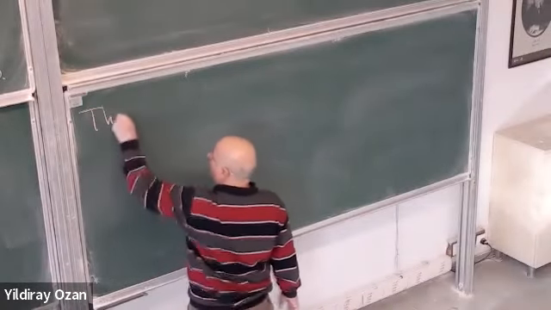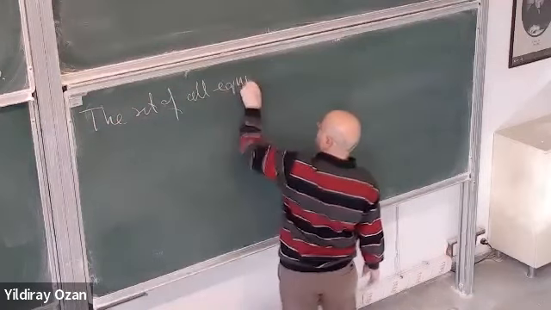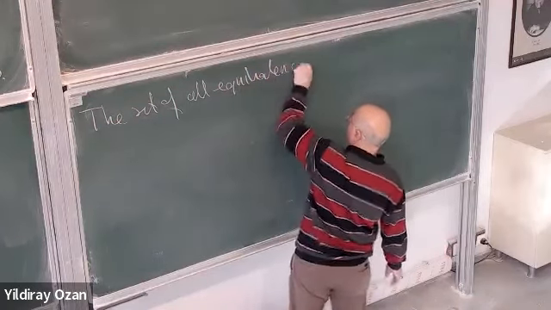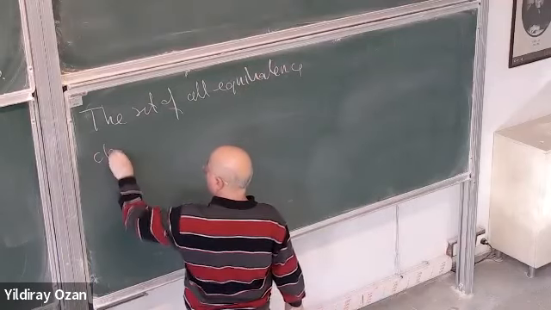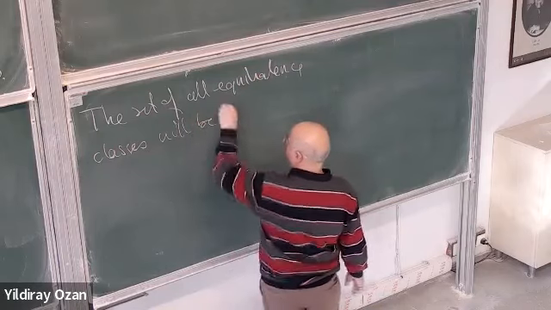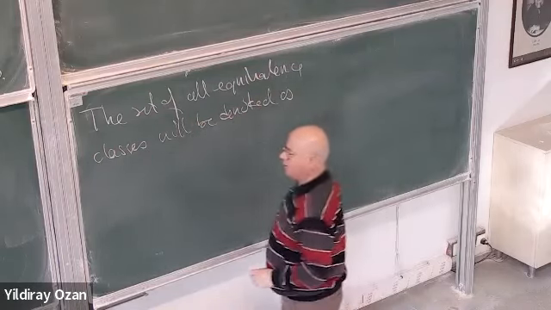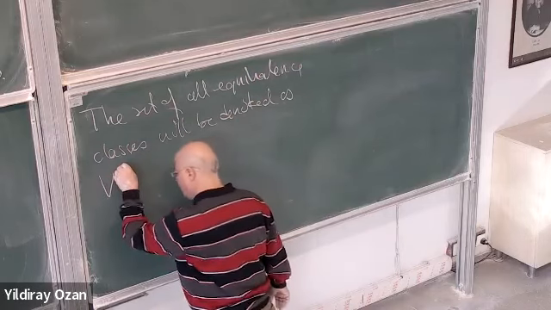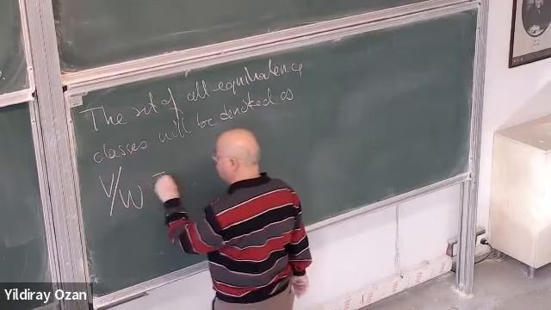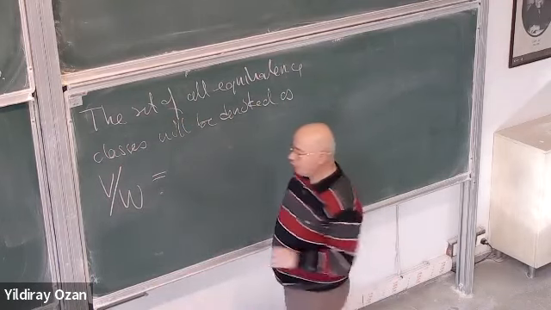The set of all equivalence classes will be denoted with this notation, V quotient W. So V divided by W. Okay, so what is this?